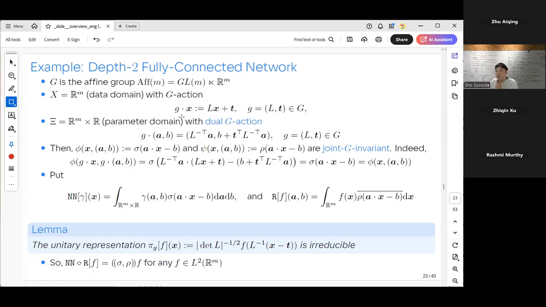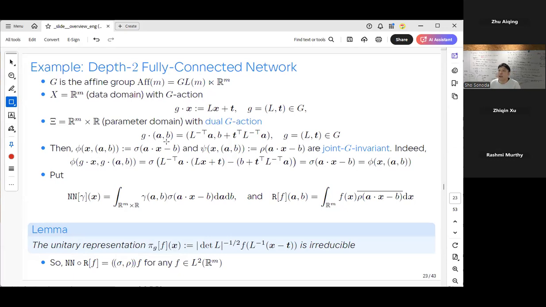On the other hand, we can also find the dual G action on the parameter domain of the affine group. This looks really weird and tricky, but it is made so that the simultaneous action of group G on x and (a, b) leaves the feature map invariant.